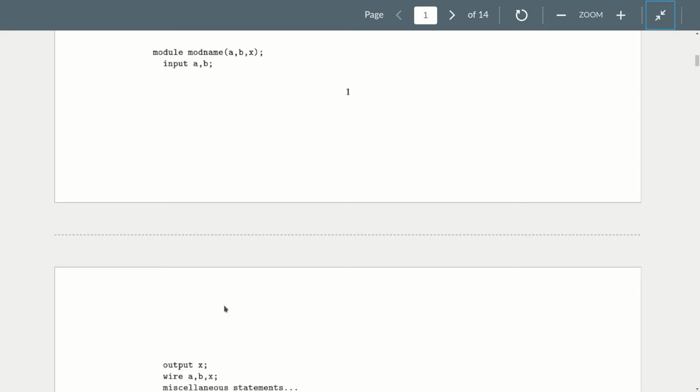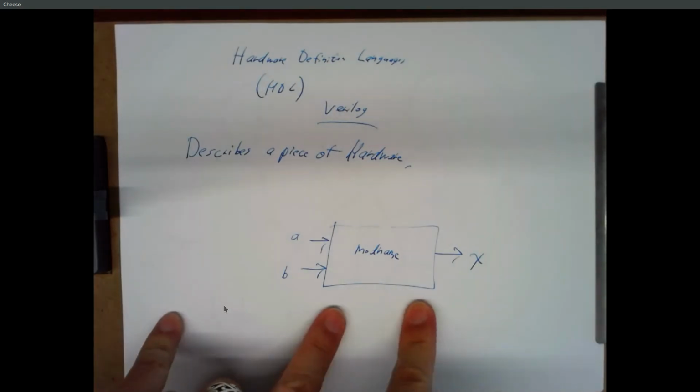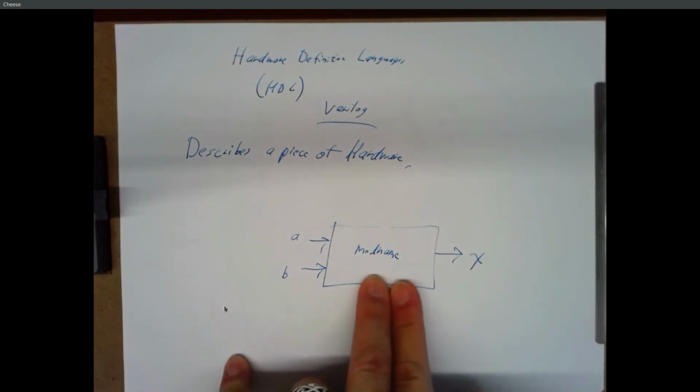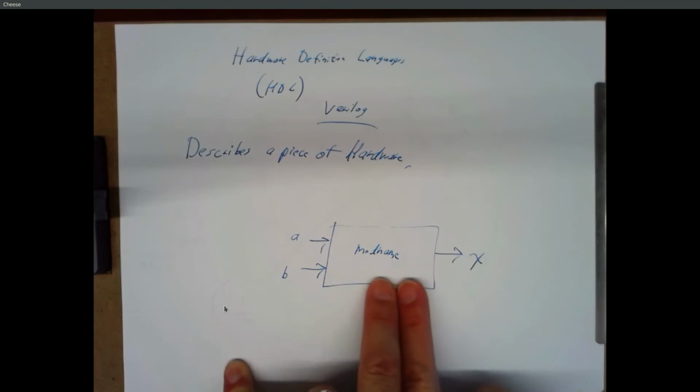I'm creating something called mod name with two inputs A and B and an output X. I haven't said anything about what happens inside, about how A and B are used and what determines the value of X.